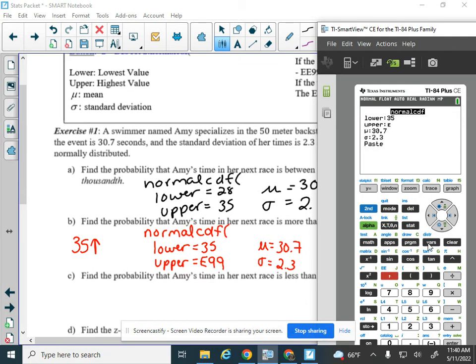So it's second this button and then 99. So that really means like 10 to the 99th power, I think, or something like that. The mu and the standard deviation, mean and standard deviation stay the same. And then we're going to press enter. And that gives me to the nearest thousandth 0.031. Okay, so we'll write down that answer and then we'll set up the next one.